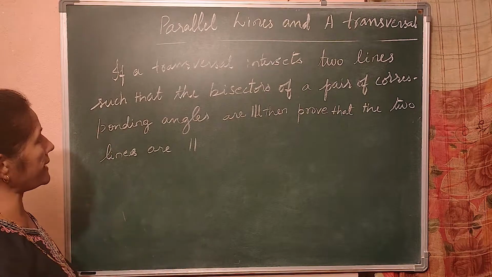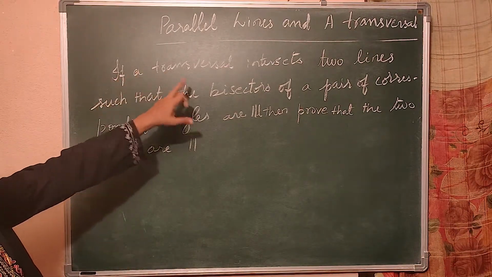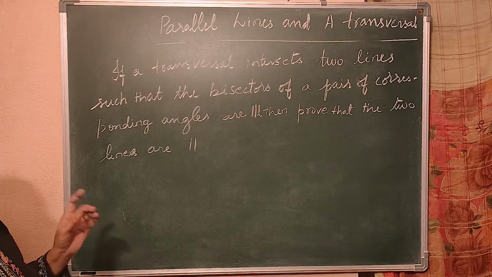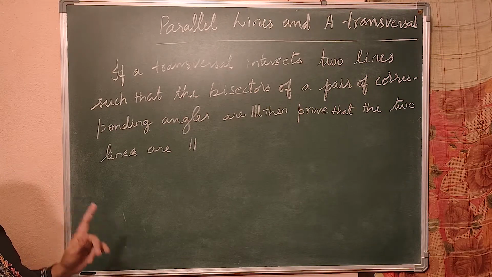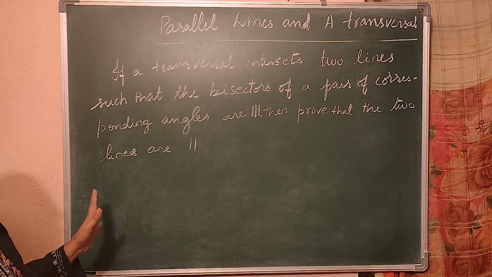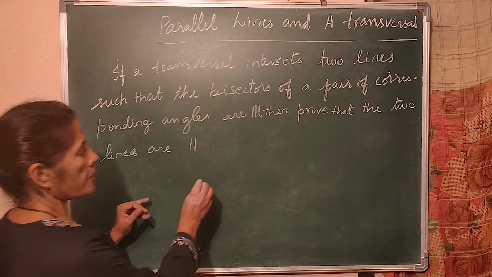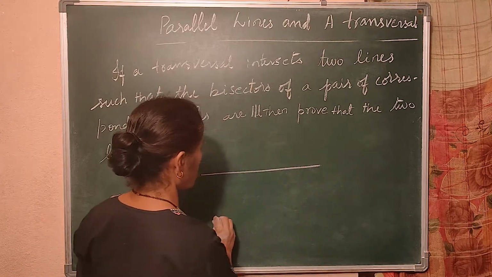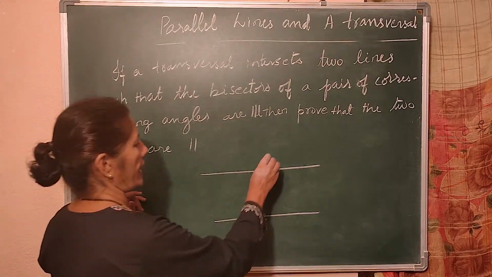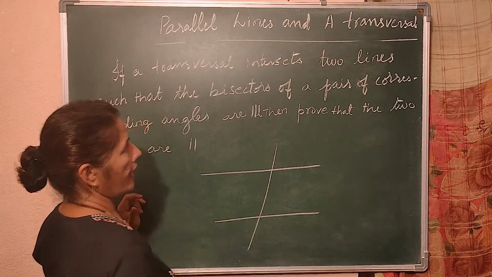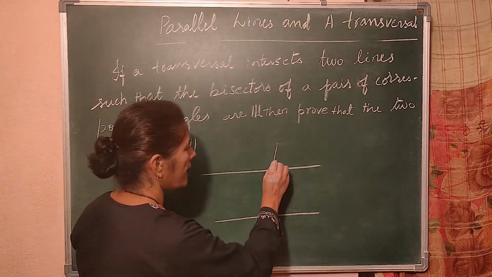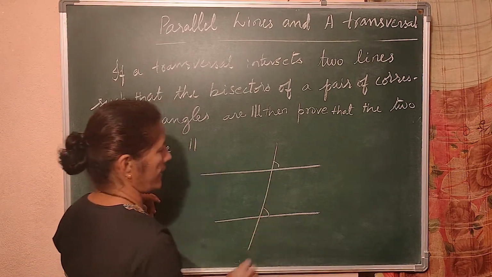Our next question is like this. If a transversal intersects two lines such that the bisectors of a pair of corresponding angles are parallel, then prove that the two lines are parallel. So, the question given may be wrong. If a transversal intersects two lines, see, this and this are corresponding angles.